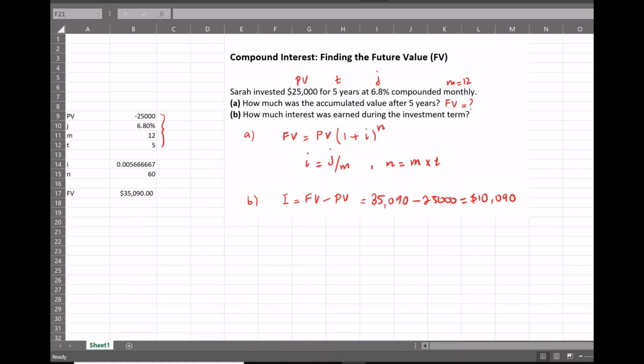So once again, the future value function in Excel takes the periodic interest rate and the total number of compounding periods throughout the term. PMT is 0, so you plug in 0, and then comes PV, and don't worry about the type. So again, PMT is 0 for compound interest.